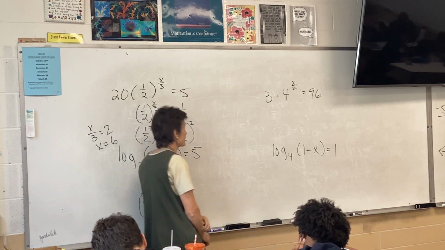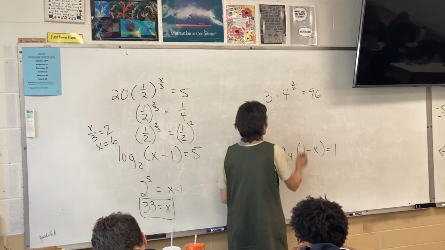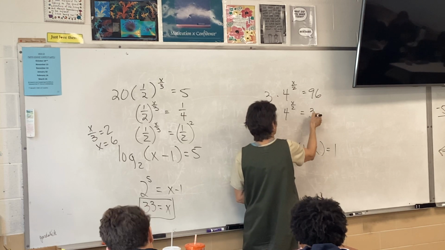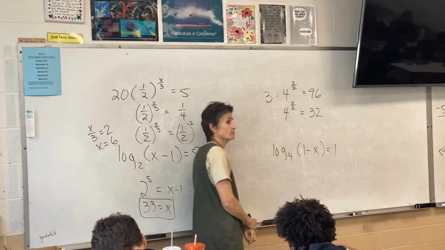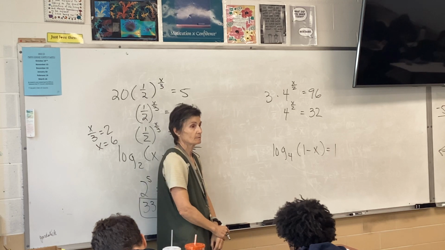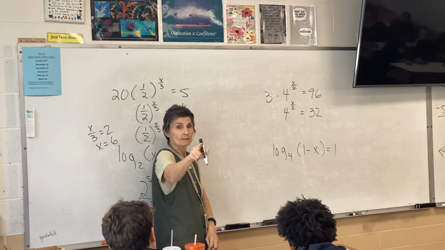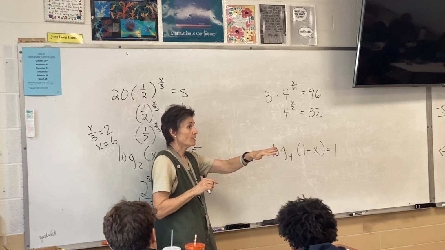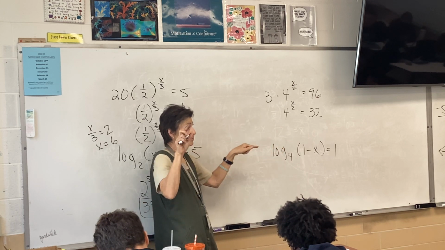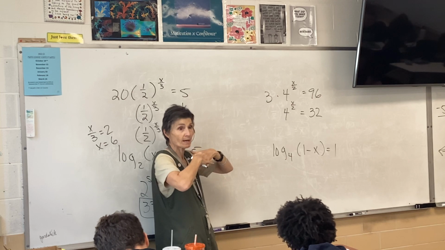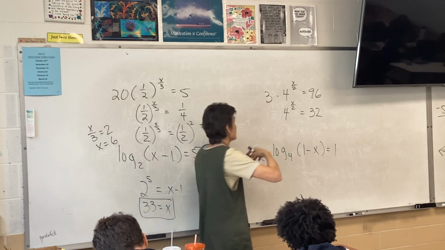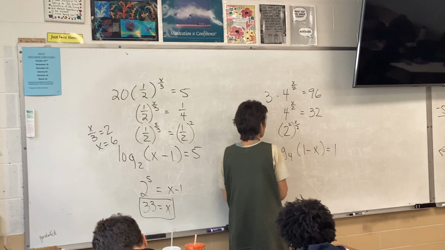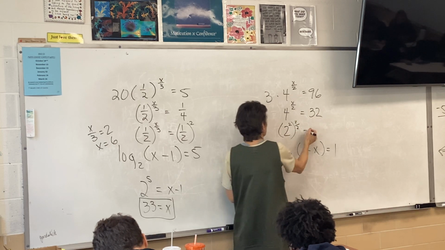All right, how about this guy? 4 to the x over 2 equals 32. Ooh. You can do 2. 32 is not a power of 4, but 4 and 32 are both powers of 2. So 2 squared to the x over 2 equals 2 to the 5th.